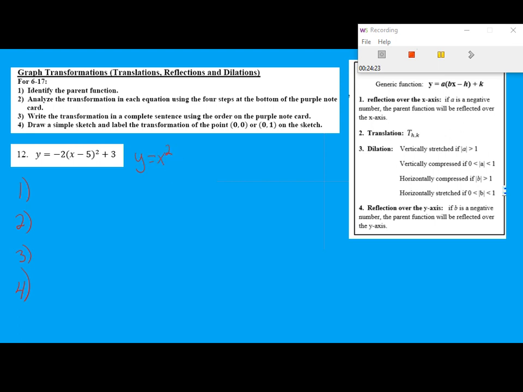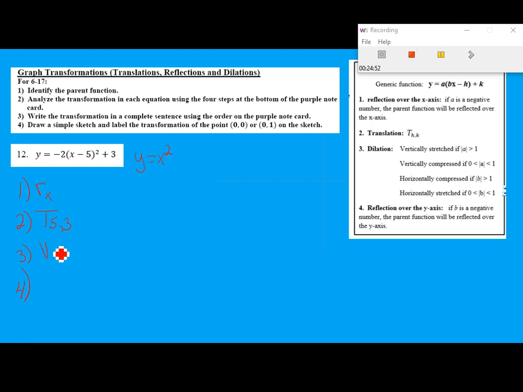Now in this case, it has been reflected over the x-axis. Look for any translations. So it's going to go 5 units to the right, 3 units up. There's a 2 out there. Now guys, remember, you have already taken care of the negative. We took care of the negative with this reflection. So only focus on the 2 now.